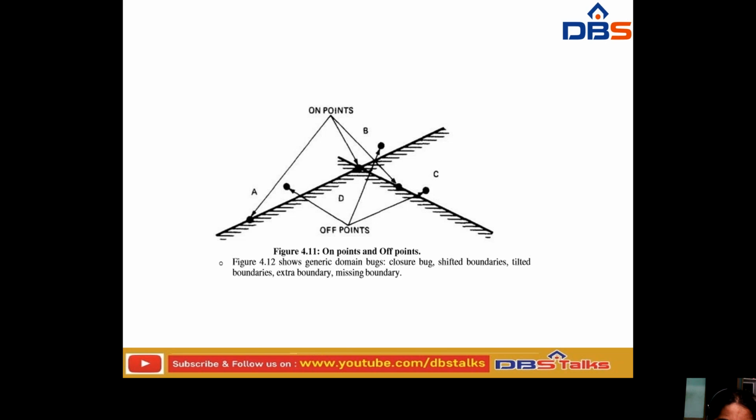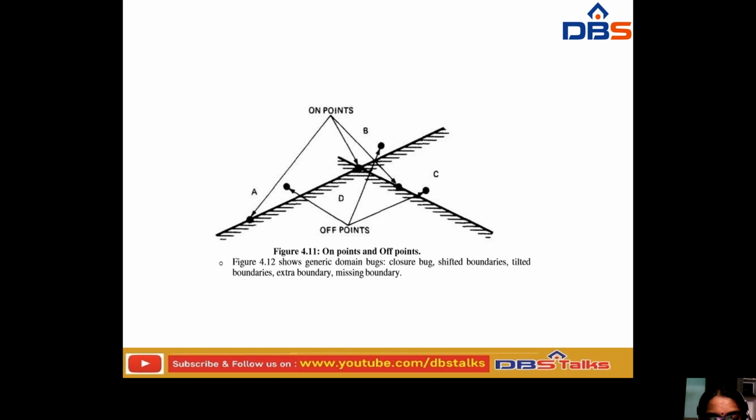This is inside the boundary. These are on the boundary actually. These two are boundary points and one is an extreme point. So these are on points. The points which lie on the boundary, we can say are on points. The points which are not staying on the domain, we can say are off points.